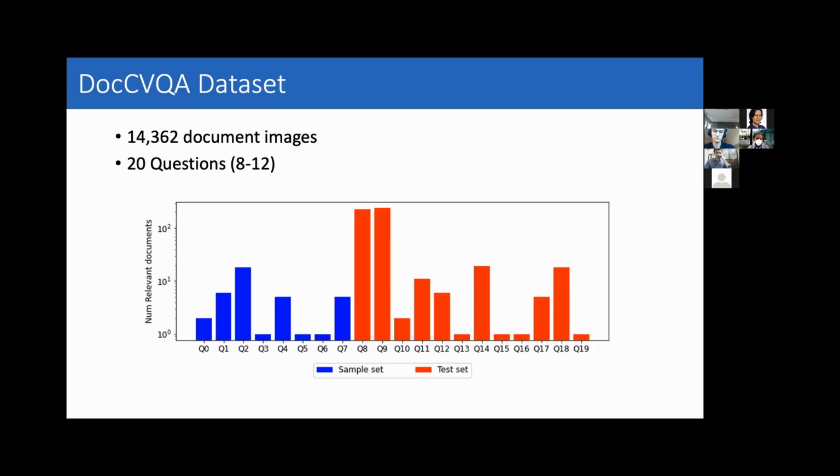Another complexity of the task is that for each question, we have different sets of relevant documents, or different sets of answers. As you can see, the scale is logarithmic. For example, for questions 5 or 6, we have 1 or 2 relevant documents, while for questions 8 or 9, we have up to 200.